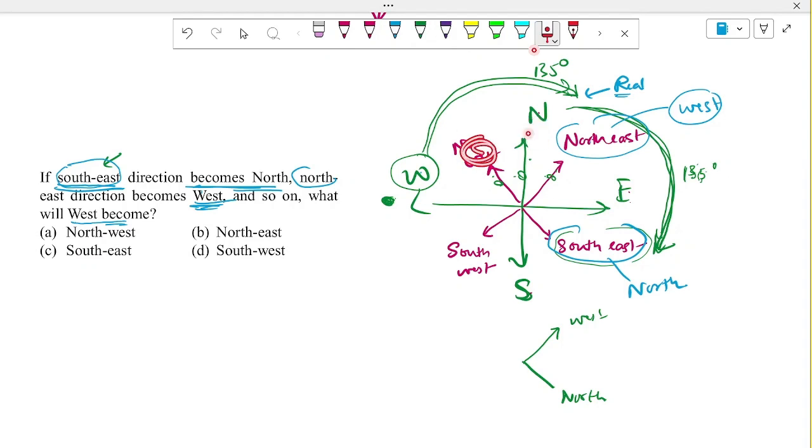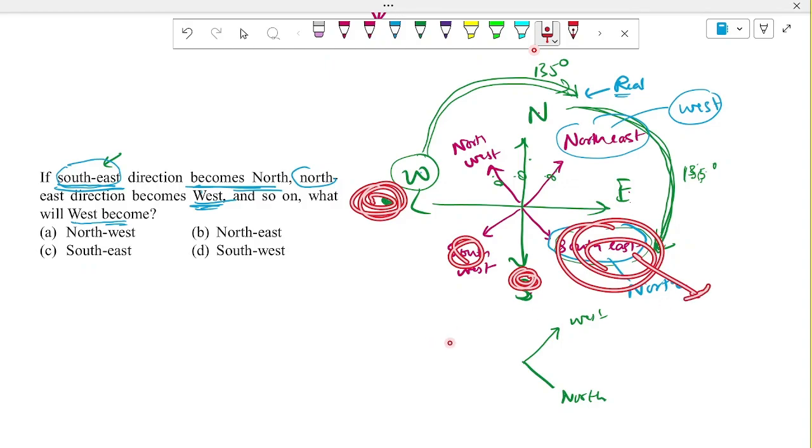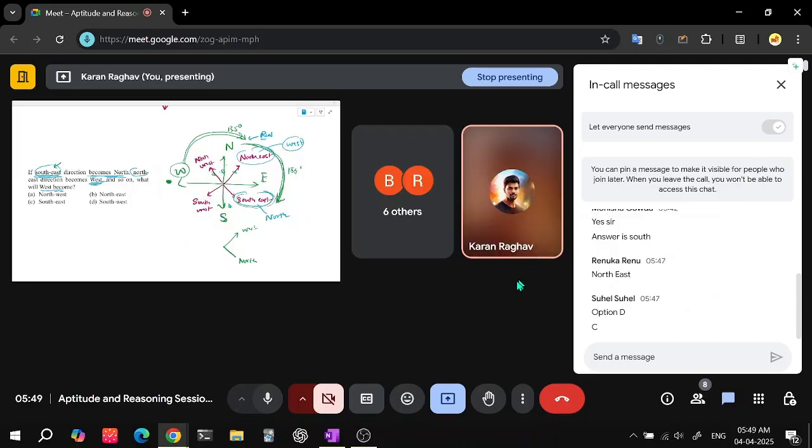One, two, and it has come here. Northwest has come here. This north has come here. It means it has jumped two directions. In the same way, if something is coming here, it will be jumping two directions. So this one will be the correct answer. I hope this is clear to everyone. A simple question, but a bit confusing.